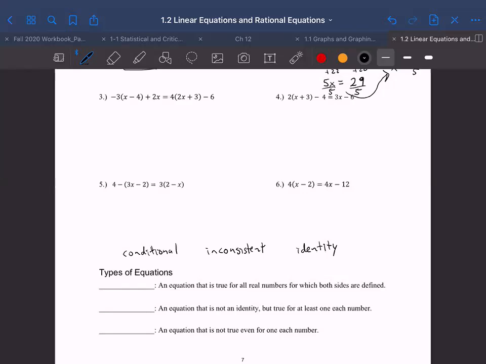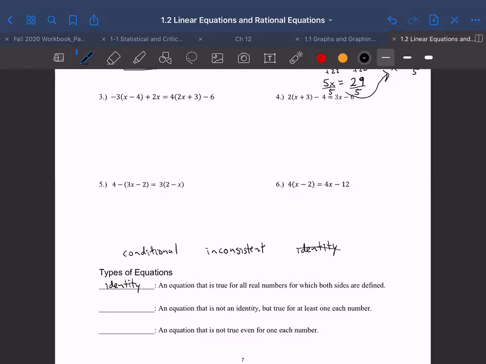All right. So if we have an equation that is true for all real numbers, that is called an identity. That's the identity one. Okay, so we can cross that off our list.